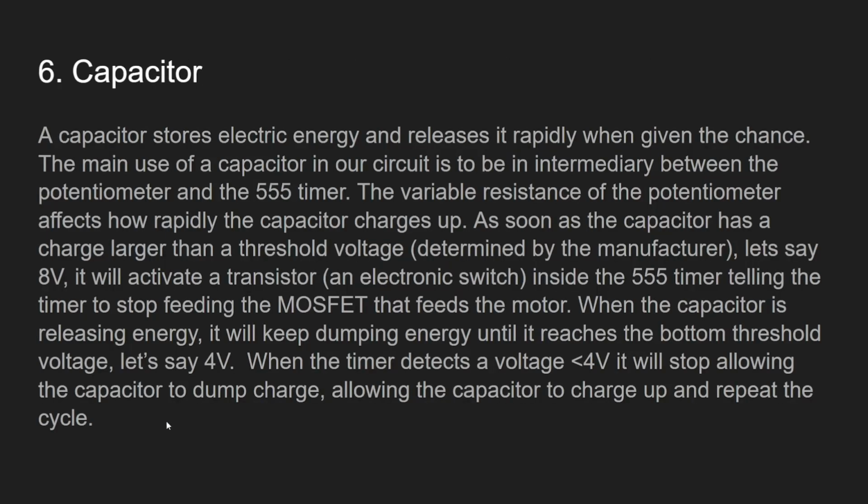And as we turn the motor on and off, depending on how long it is off compared to how long it is on, that will determine the speed of the motor. So what we're trying to do is control how quickly the capacitor charges up, because that will determine our pulse width, or our pulse duration, which will determine the speed of the motor, because the speed of the motor is the average of the voltage applied to it over time.